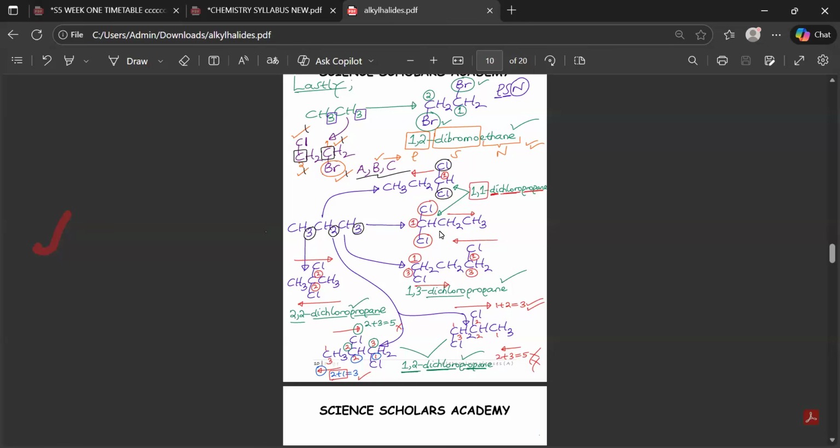What name is given to those types of compounds in chemistry? The molecular formula is the same, but when we draw the structures, they are different. You get the point? Yeah, people have it in the chat.